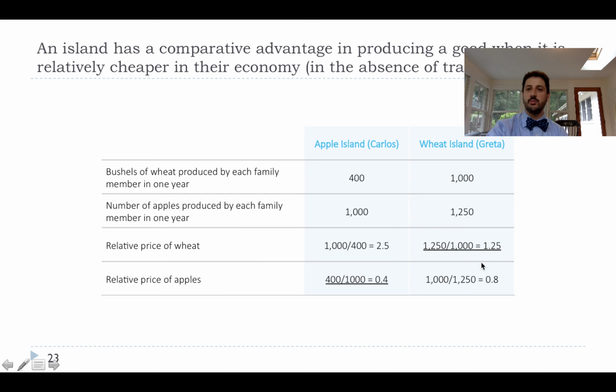So if we look at the prices, Greta has a lower price for producing wheat. 1.25 is lower than 2.5. And Carlos has a lower price of producing apples, 0.4 compared to 0.8. And so we can see that their opportunity costs are lower. And that's actually going to allow them to trade and both be better off.